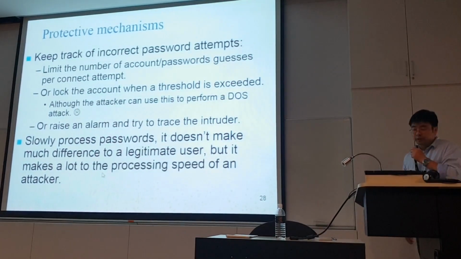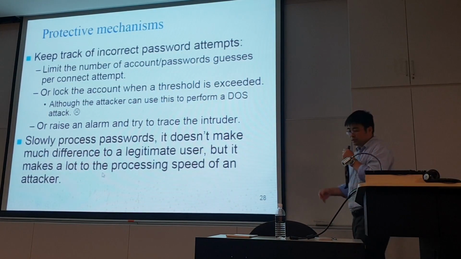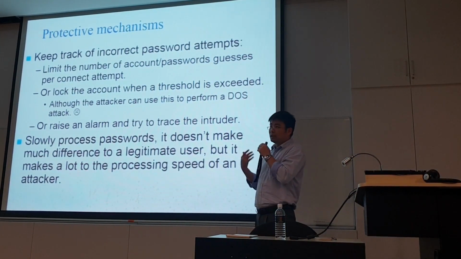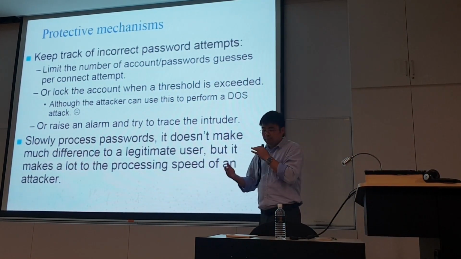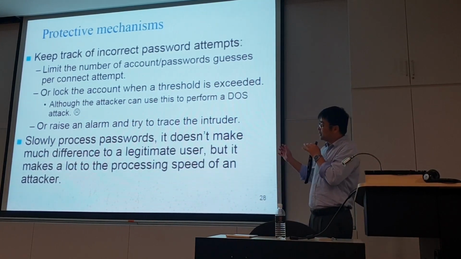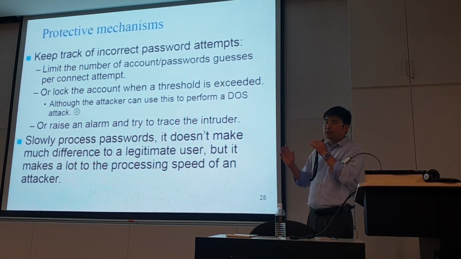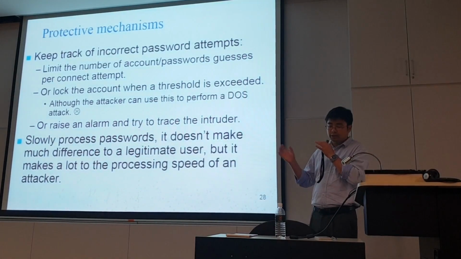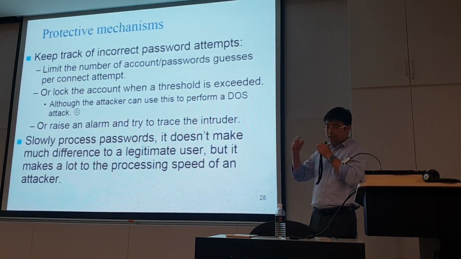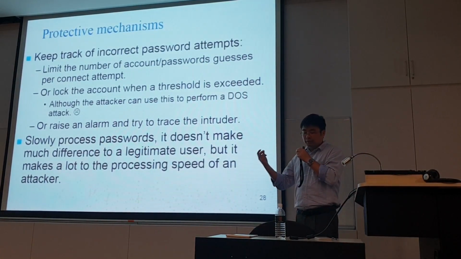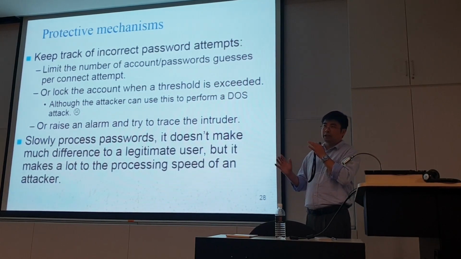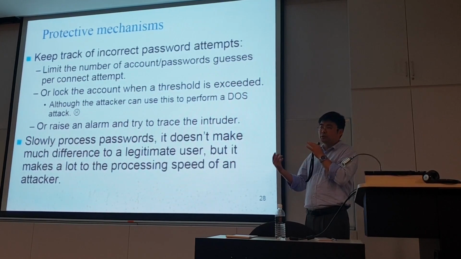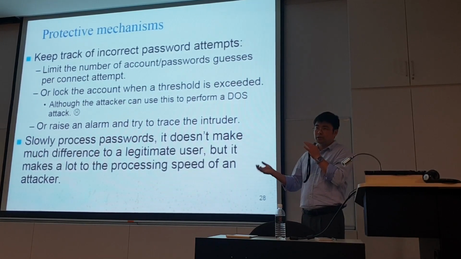will process the password slowly, so that for the attacker it will take a longer time to do the password testing. For the individual user, there is no significant delay. For example, every time you log in, the server gives maybe a half-second delay. Because you do not log into the server that often, you won't detect such a difference.